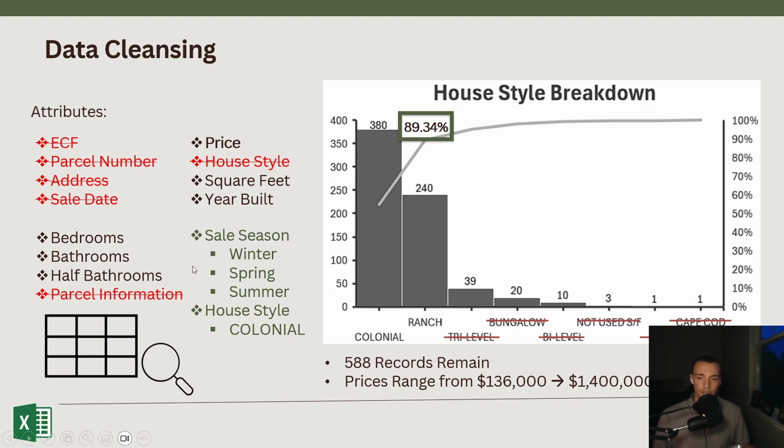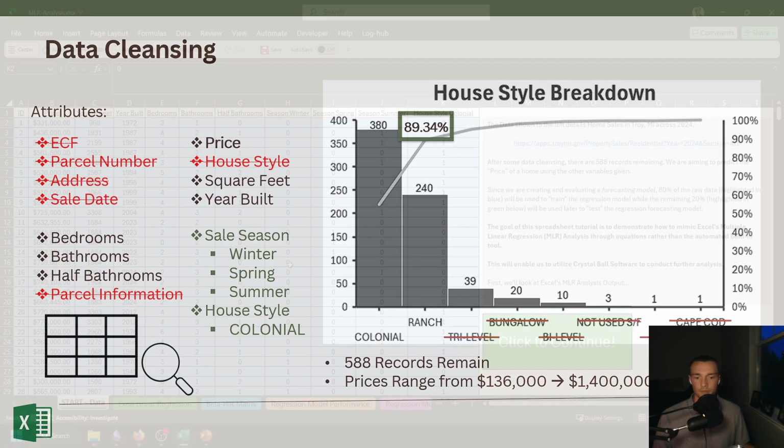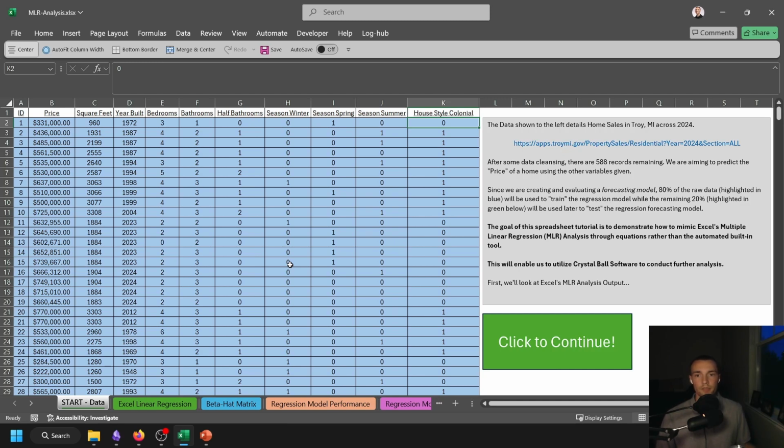Now, after all of these changes, there were 588 records remaining, with the home prices ranging from $136,000 to $1.4 million. Yes, we are creating a multivariate regression model today, but we will also be forecasting using this model.